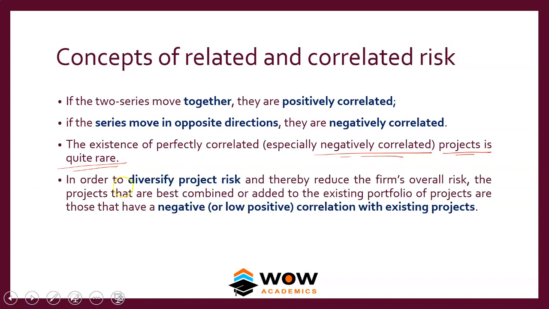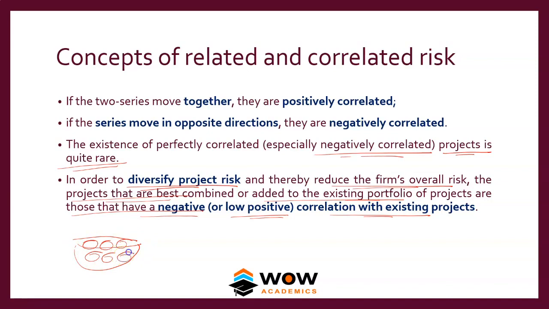But in order to diversify project risk and thereby reduce the firm's overall risk, the projects that are best combined with the existing portfolio are those that have negative or low correlation risk with existing projects. It's something like this. If you place 10 eggs in a particular basket and the basket breaks, all 10 are gone.